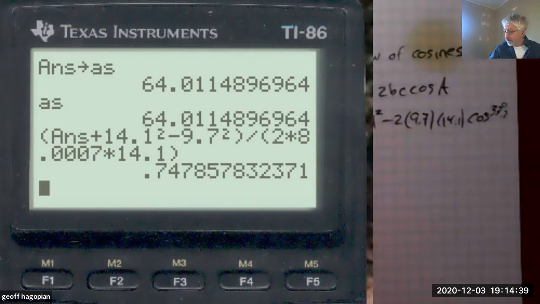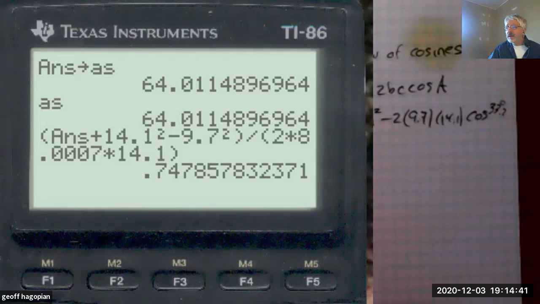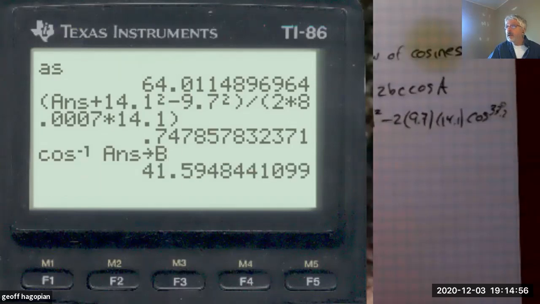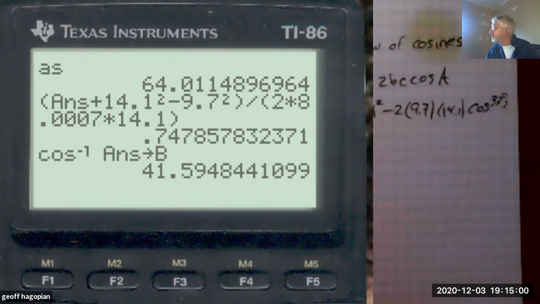So we want the inverse cosine of that, and let's store that into a variable B. So I got 41.59, and how much accuracy do they want? 5 decimal places? That's a lot of decimal places.